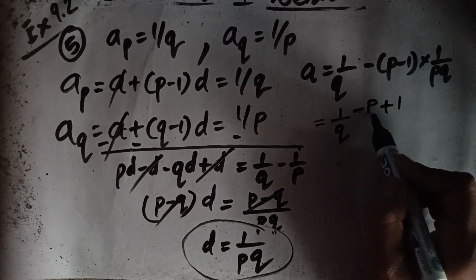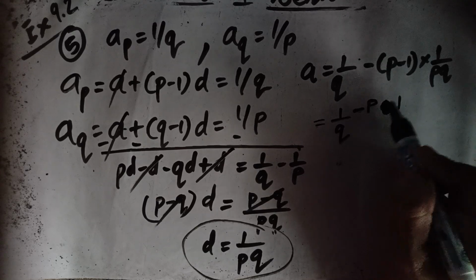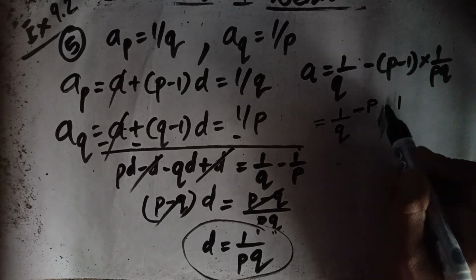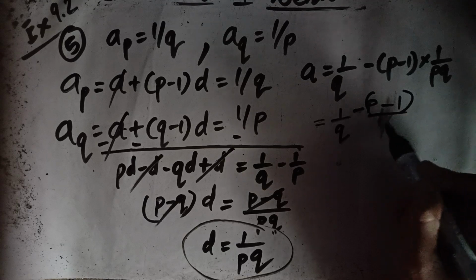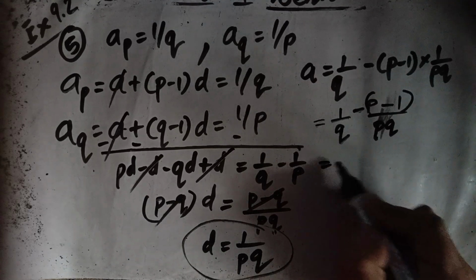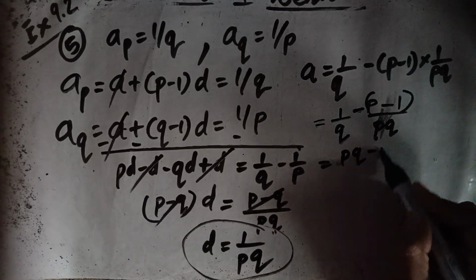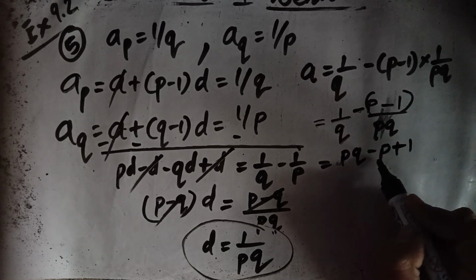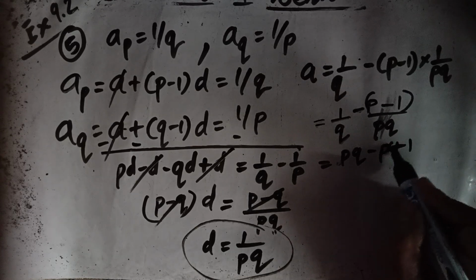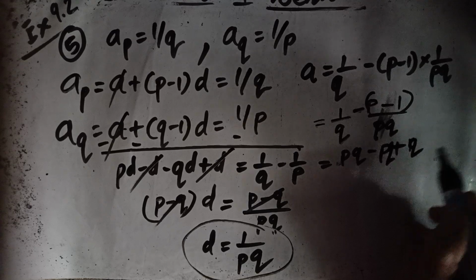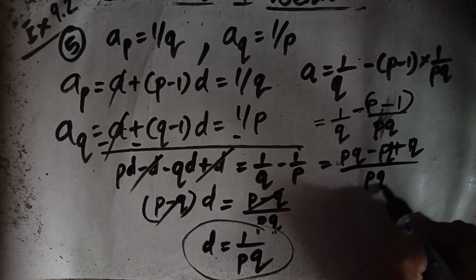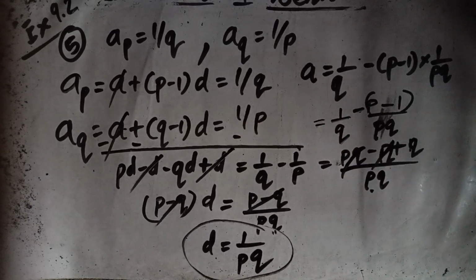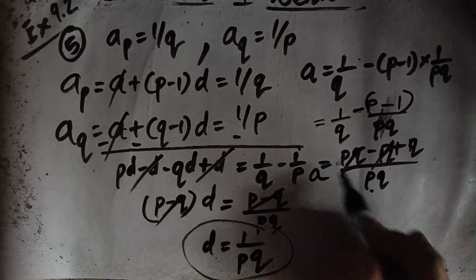Okay, I'll keep it minus 1 only. Cross multiplying, pq minus p plus 1. This also cross multiplies pq, q. So q upon pq. This is our a.